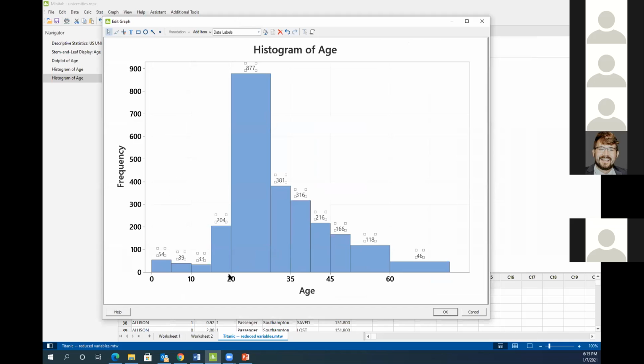My question was how many people were between 20 to 30, and I can clearly see it is 877. How many people between 60 to 75? 46. And we can also see between 50 to 60. So we can do this as per our requirement.